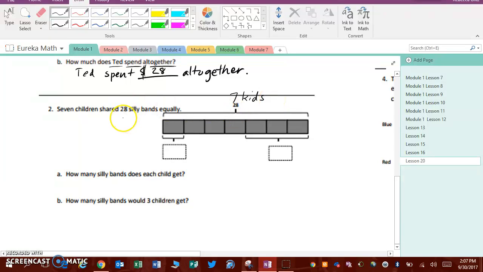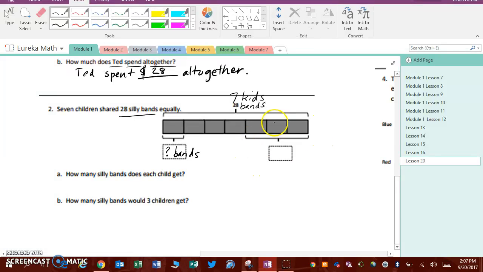They've also got the 28. We know that that is 28 silly bands. So I'm just going to call that bands. Okay? So if we know the number of groups in the total, we don't know how big one section is. How many silly bands each person got. So I'm going to label that question mark bands.